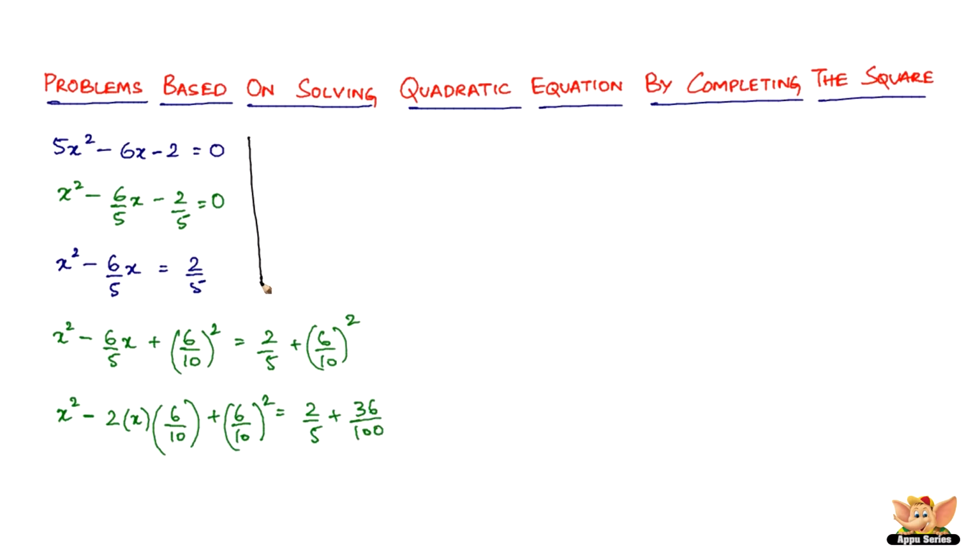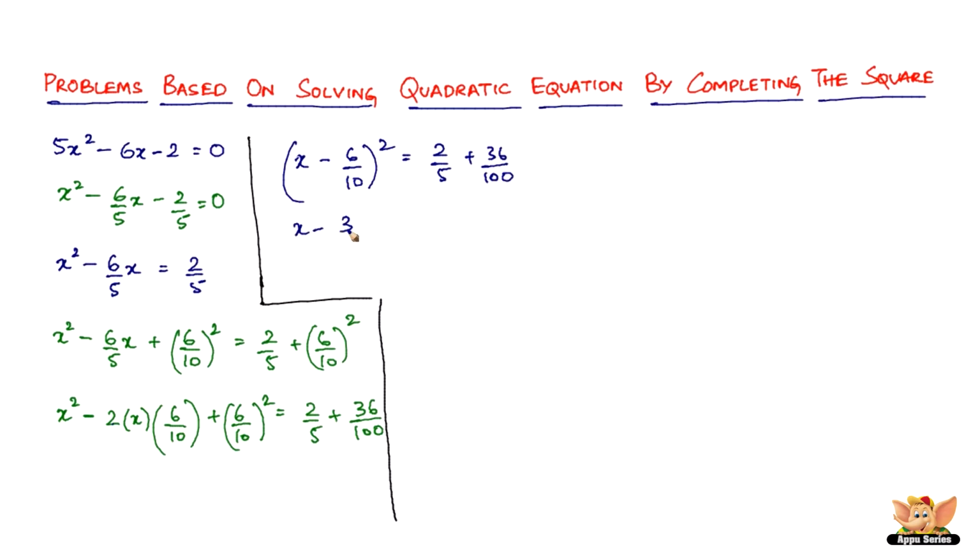So now the next step is writing this in the form of a minus b the whole square. This is a square minus 2ab plus b square. That is x square minus 2x times 6 by 10 plus 6 by 10 the whole square. So write this as x minus 6 by 10 the whole square. X minus 6 by 10 the whole square equals 2 by 5 plus 36 by 100. Well, before that, let us simplify this.